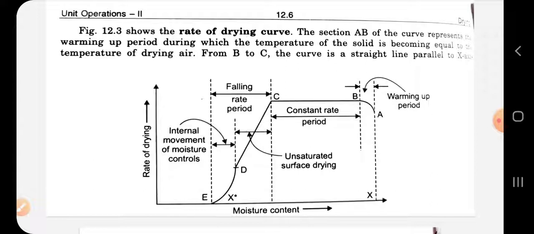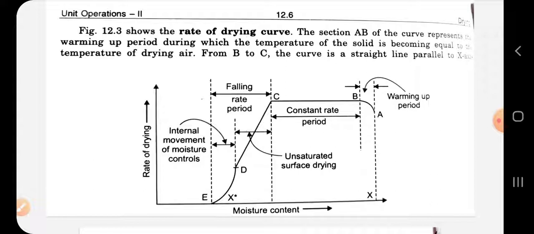The rate of drying remains constant while the moisture is decreasing. So from point B to point C, the horizontal line parallel to the x-axis is known as the constant rate period.